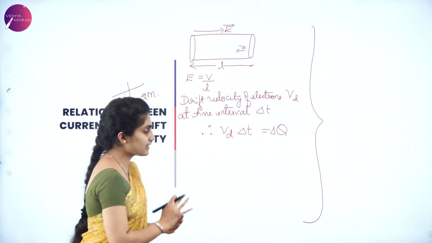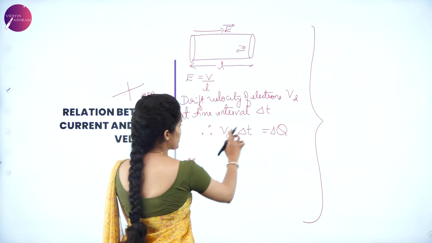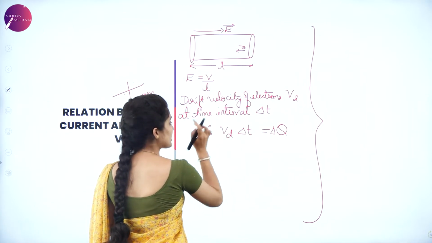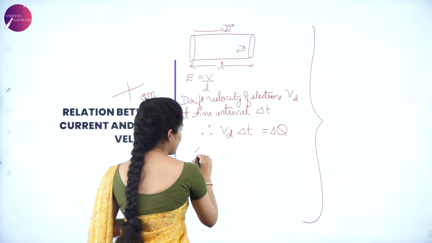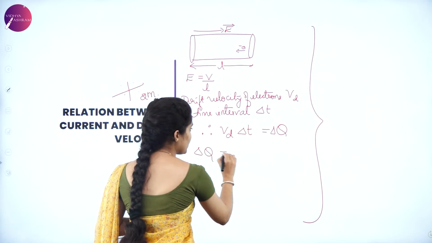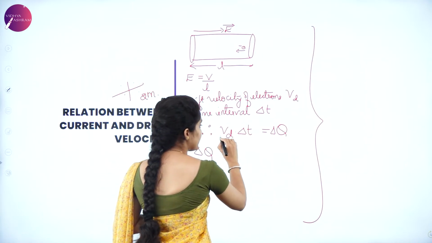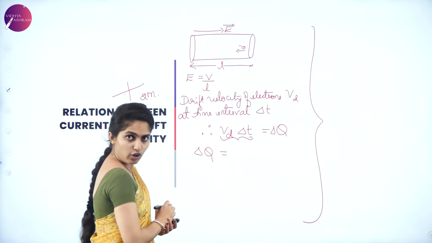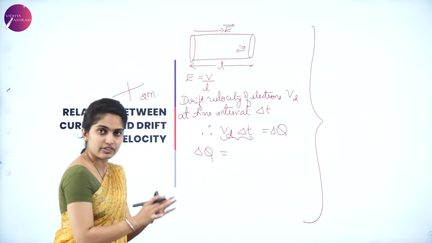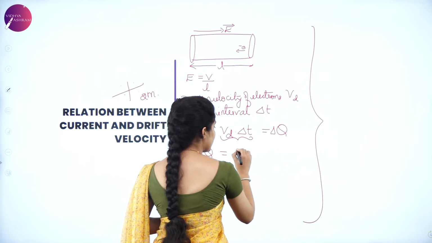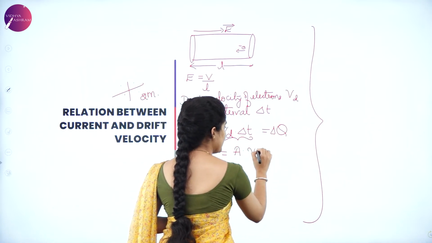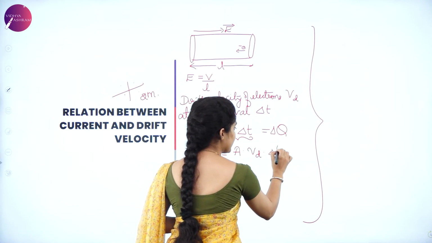For that, I have to change this equation and introduce area. So my equation turns out to be delta Q is equal to A into Vd into delta T.